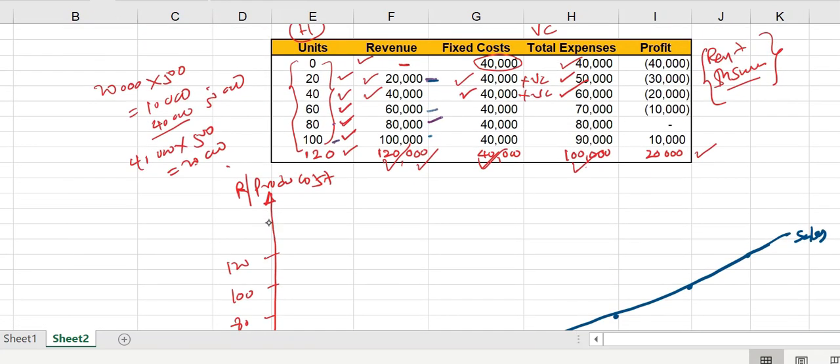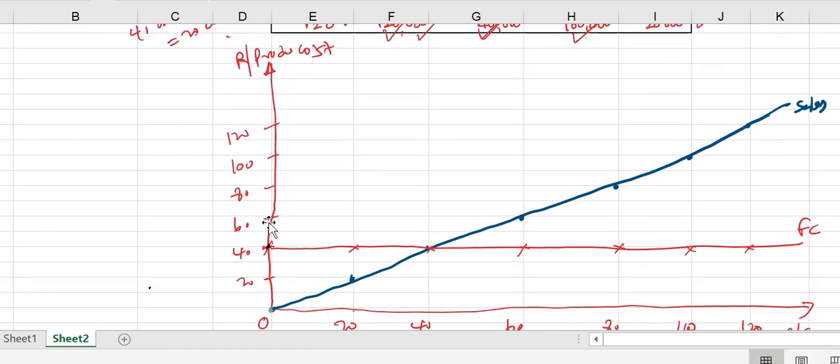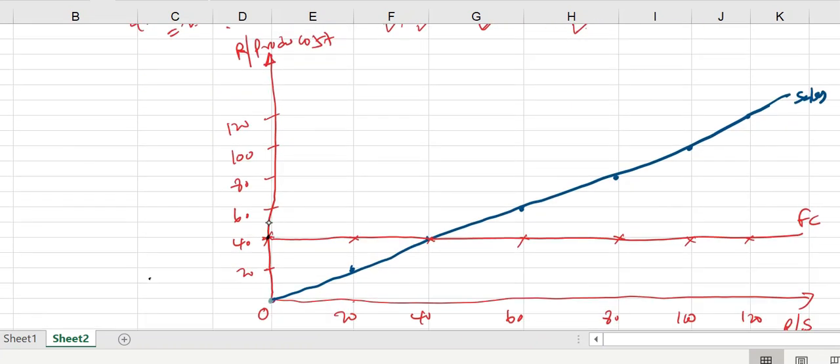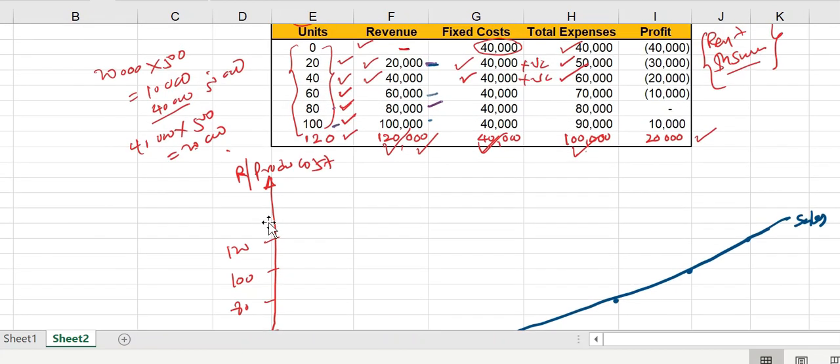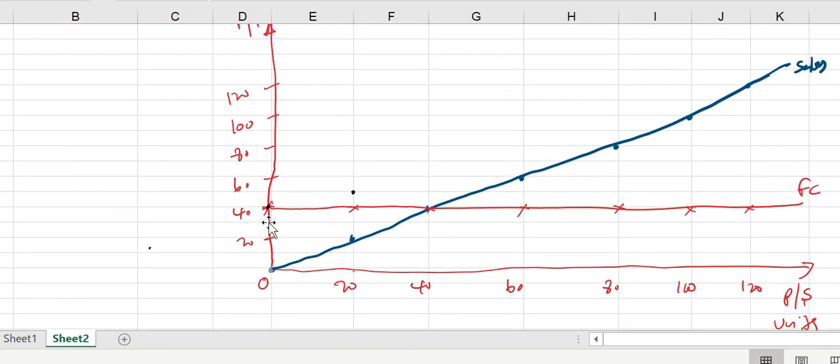If it is 20, it will be 50. So if you produce 20, your cost will be 50. Then 40,000, it will be 60.